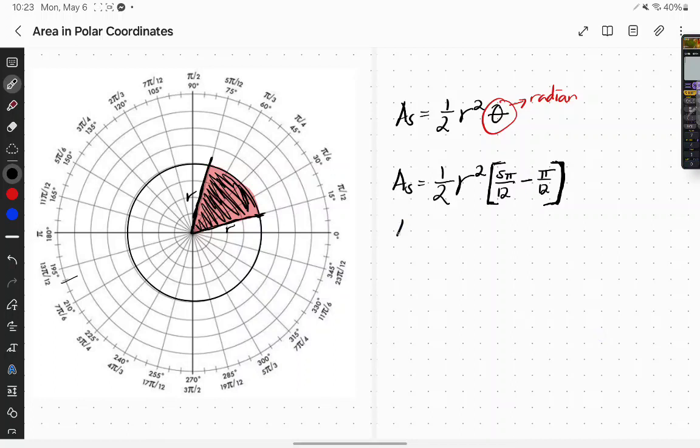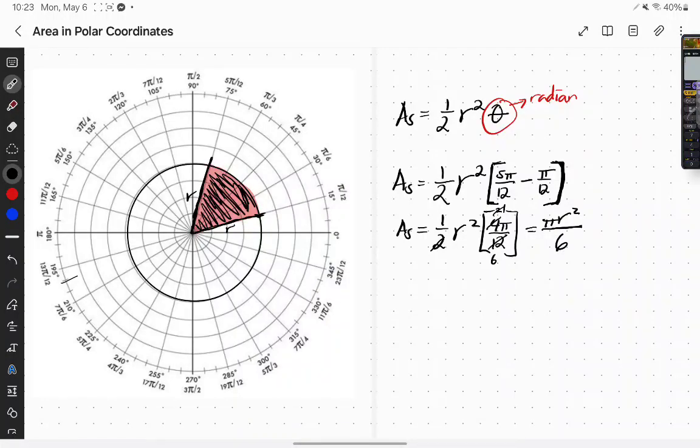So the area of the sector is 1/2 r squared times 4 pi over 12, or simplifying, 1/2 r squared times pi over 3, which is pi r squared over 6.